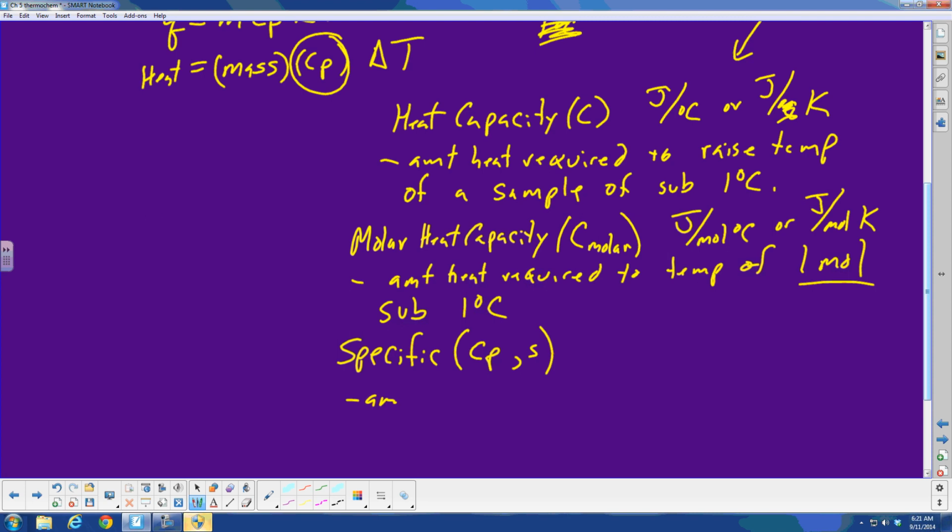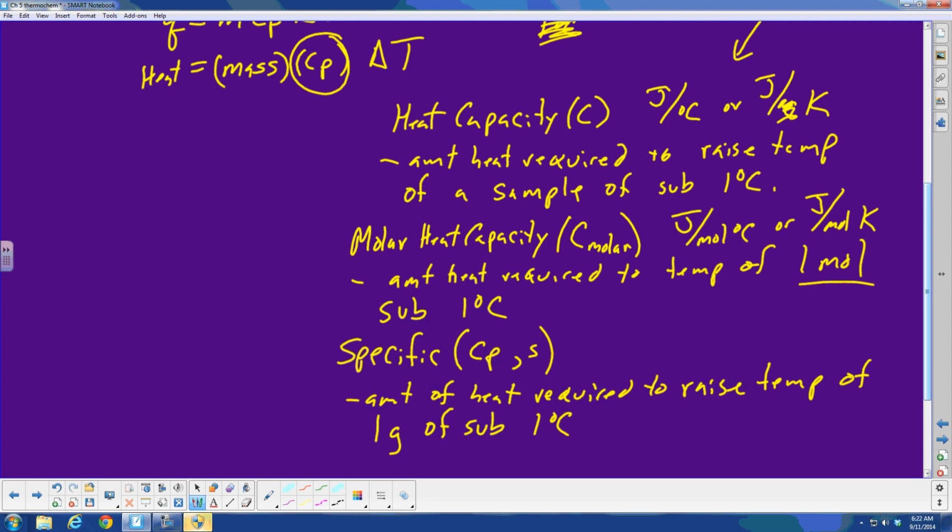It's the amount of heat required to raise temp of how much? 1 gram of substance, 1 degree Celsius. So the units here are joules per gram Celsius or joules per gram Kelvin.